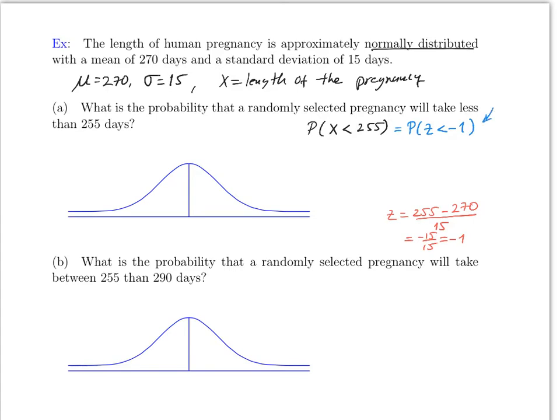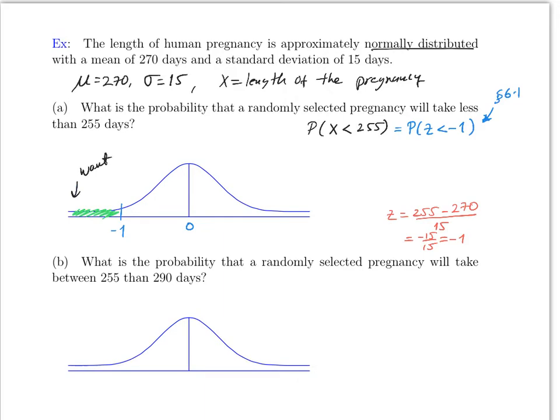Again, once you get to this point, this is your section 6.1. So again, you can use the table or you can use the calculator. So Z equal to 0 is there, negative 1 is here, less is to the left. So this is the area you want, the green area.